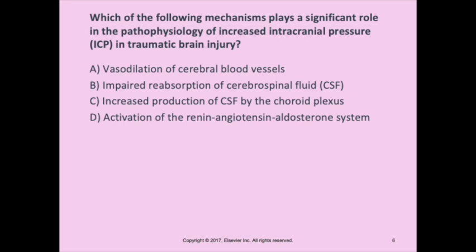The damage caused to the structures in the circulation will hinder the proper reabsorption of CSF. So as a result, that CSF will accumulate in the ventricles and the subarachnoid spaces, which will lead to an increase in intracranial volume. Subsequently, you're going to have an elevation of ICP. The answer here is B.